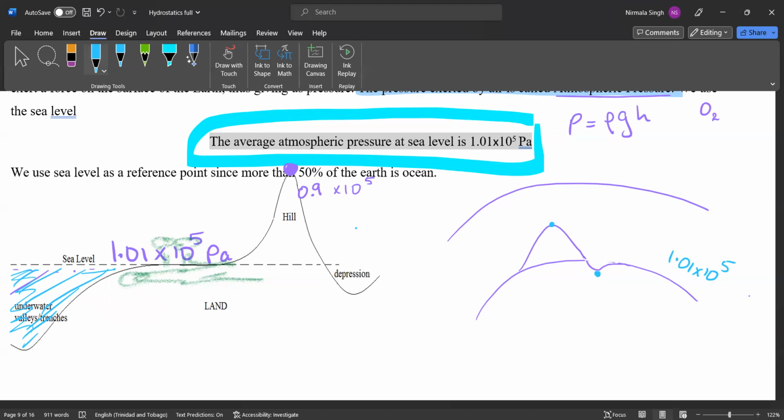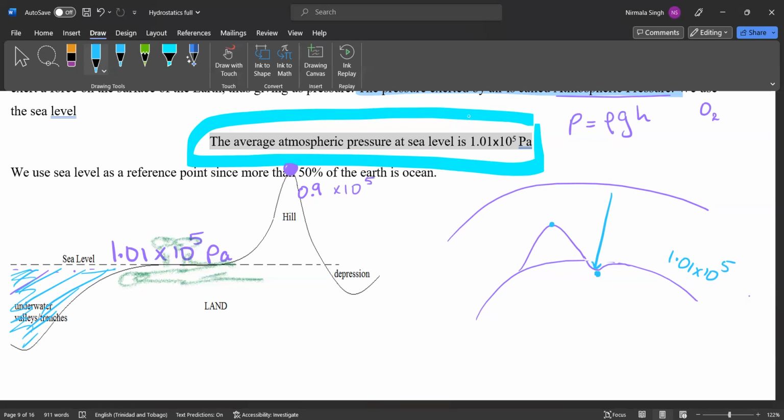It's going to be what? Say it again. Greater. It will be greater. Why? Because we have more air. Literally, we have more air acting on us, so the pressure is greater. The weight of the air on us is greater.